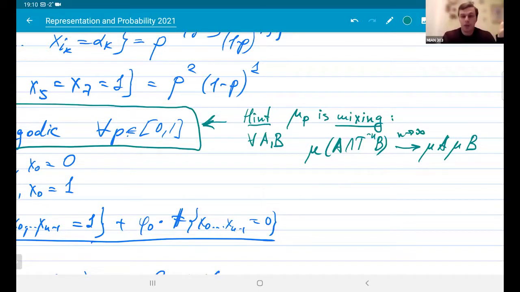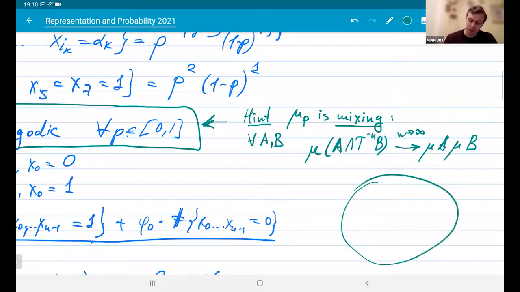So why is it mixing? The impression behind this definition is the following. You have, for example, some bucket of, say, white paint, and then you put a little drop of, say, black paint here. So it is just a small spot somewhere.